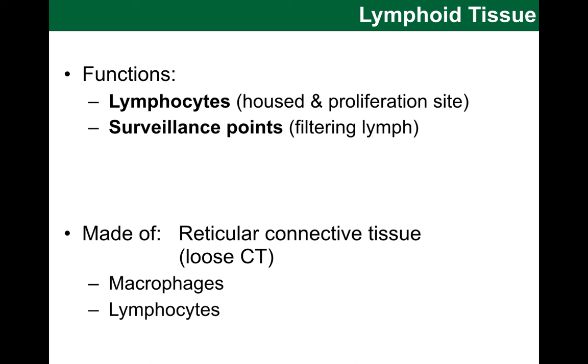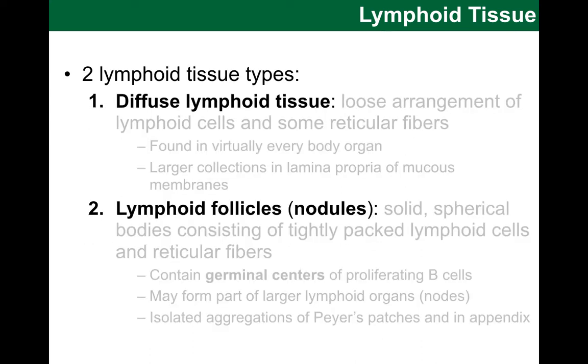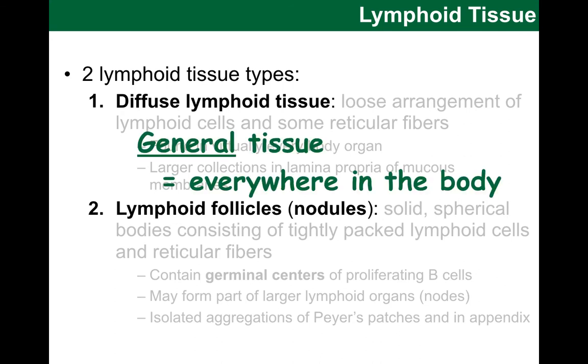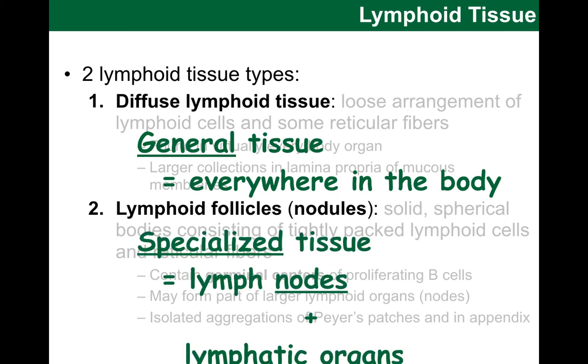And macrophages live on the reticular fibers, while lymphocytes occupy the spaces between the fibers when they return to the lymphoid tissue after patrolling the body. There are two types of lymphoid tissues. General tissue, which is found almost everywhere in the body, and specialized tissue, which gives rise to the lymph nodes and lymphatic organs.